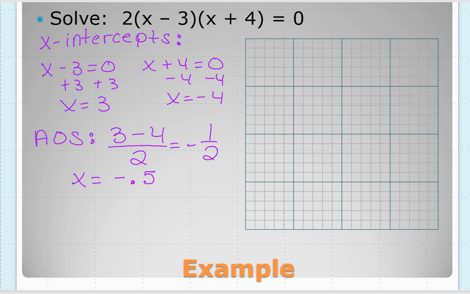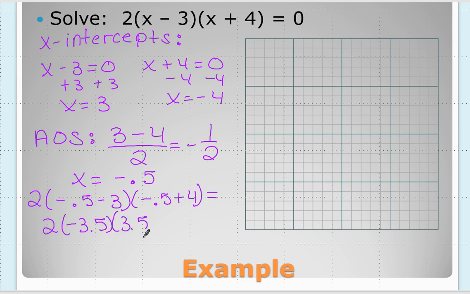Okay, now I need to find my vertex. So I'm going to substitute negative 0.5 into my equation. So 2 times negative 0.5 minus 3 and negative 0.5 plus 4, and that would be 2 times negative 3.5 times 3.5, and that's going to equal negative 24.5.